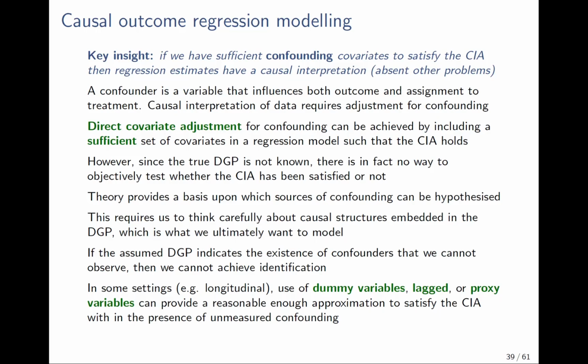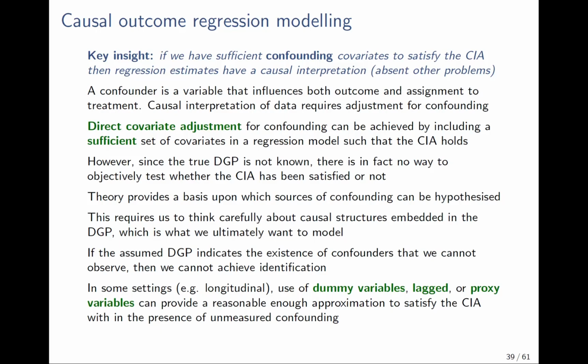Theory provides a basis upon which sources of confounding can be hypothesized, and this requires us to think carefully about the causal structures that we believe are embedded in the data, which is ultimately what we want to model. If the assumed data generating process indicates that there are confounders that we can't observe, then we cannot achieve identification and an outcome regression model will fail, and we shouldn't attempt to use it in order to achieve causal inference.